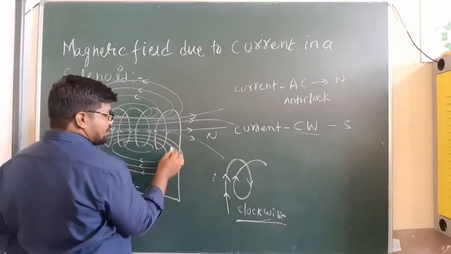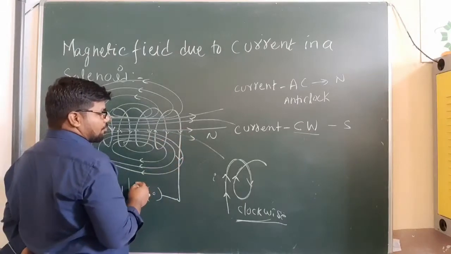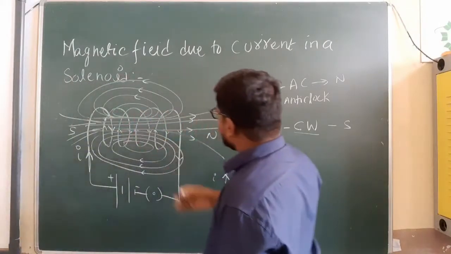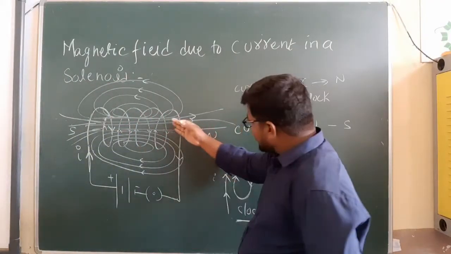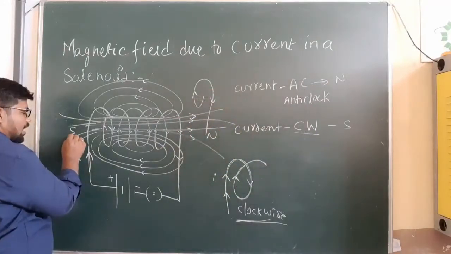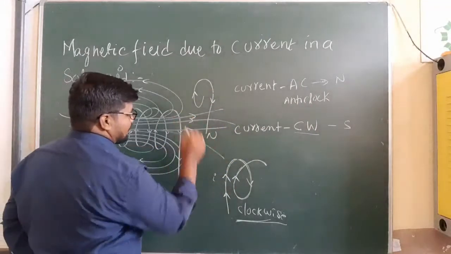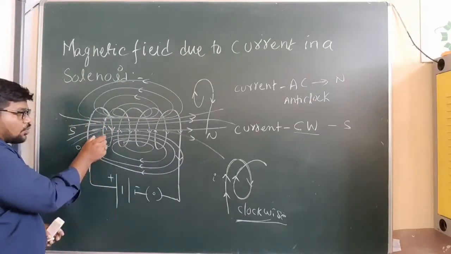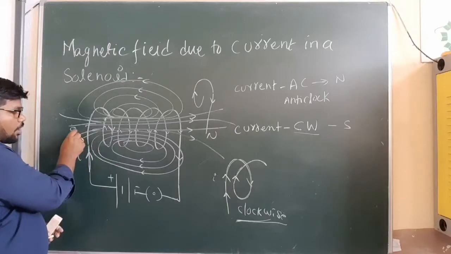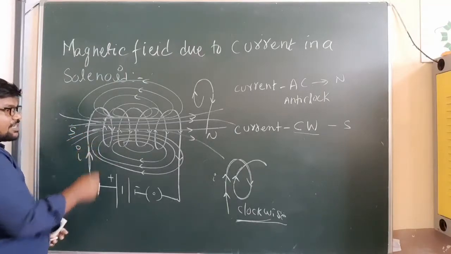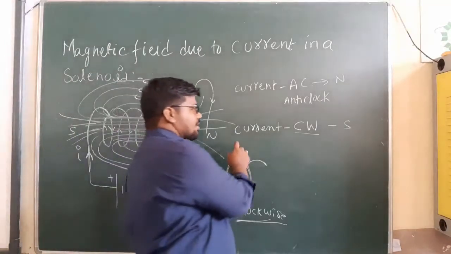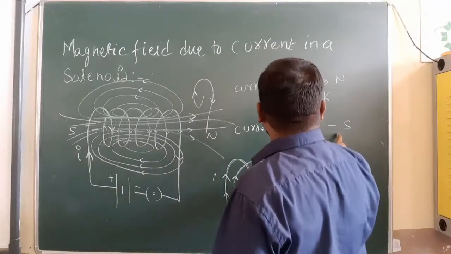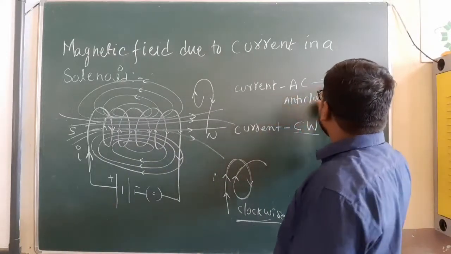Here we have to consider, by observing here, in this case, south at this end means north at the other end. Clear? So if the current passing through a solenoid is clockwise, we can say south pole, and anti-clockwise, north pole.